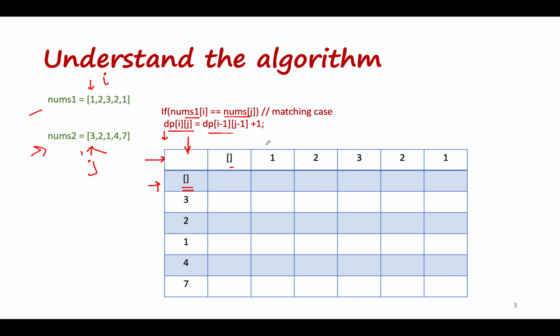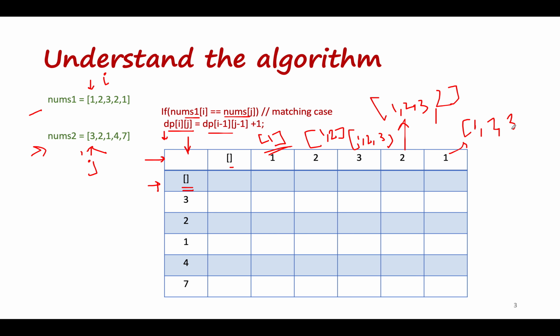Then you gradually keep on adding elements into your array. So 1 represents the array of this size, 2 represents 1 comma 2 together, 3 represents 1, 2, 3 taken into totality, and this 2 represents 1, 2, 3, 2 taken into totality. This 1 represents 1, 2, 3, 2, 1 taken into totality, and similarly here.